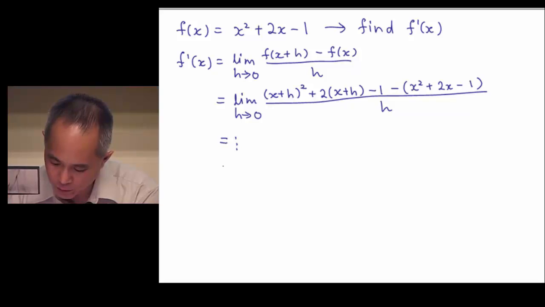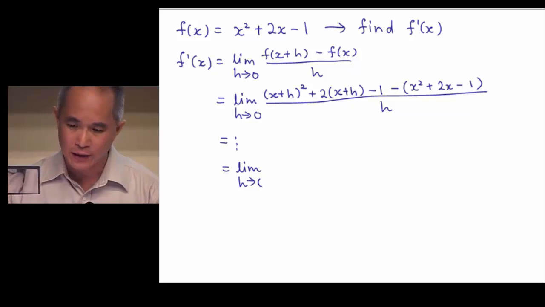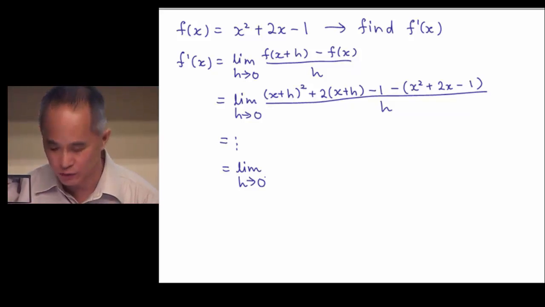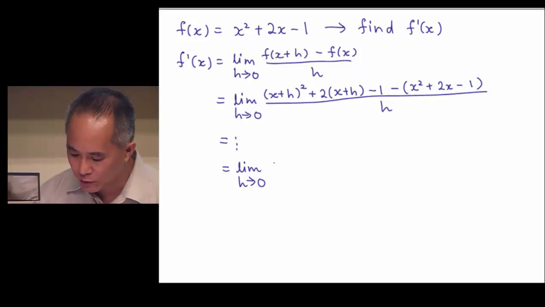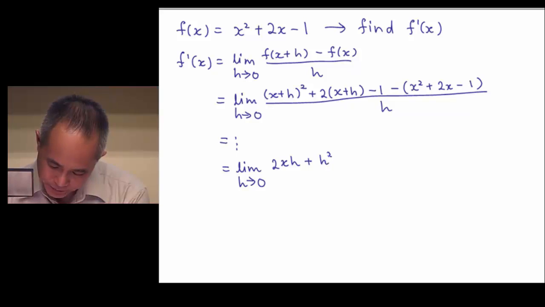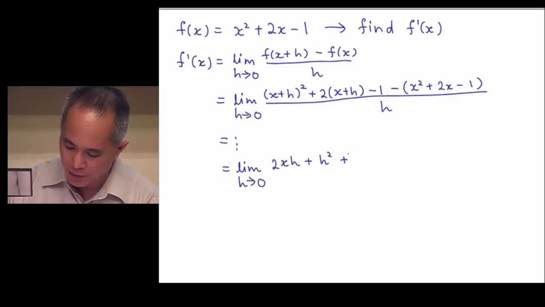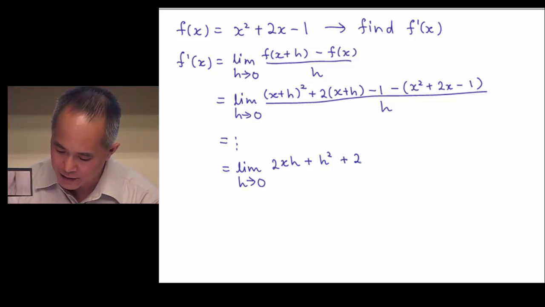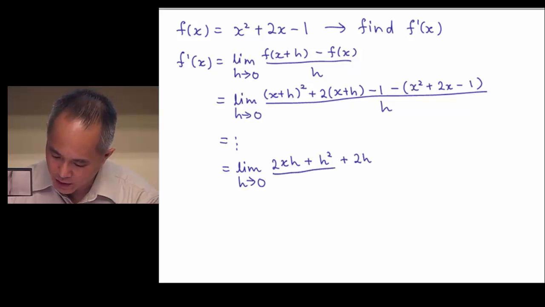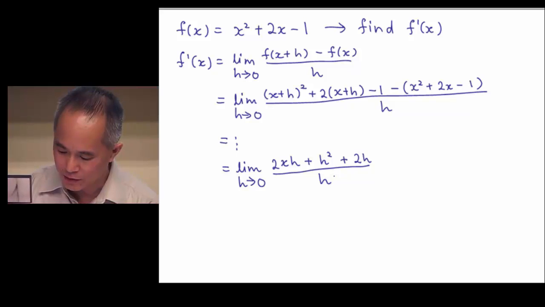Now you can go through the algebra and so on. That's why algebraic manipulation is one of the skills that we think students ought to have. I'm not going to go through the whole thing, but we know that the x squared is going to cancel with that one, and then you have a 2xh and an h squared, and then plus 2x minus 2x goes, plus 2h, and then you have a negative 1 here and a positive 1 there, and that goes to 0.